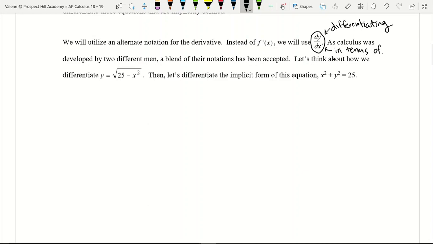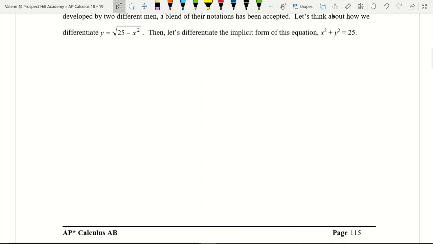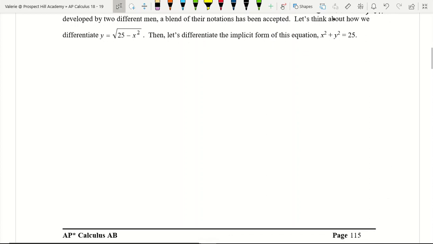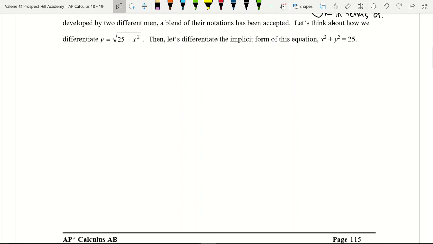So we are differentiating y in terms of x. We're going to use this information to differentiate these two equations. And both of these equations represent the same function.